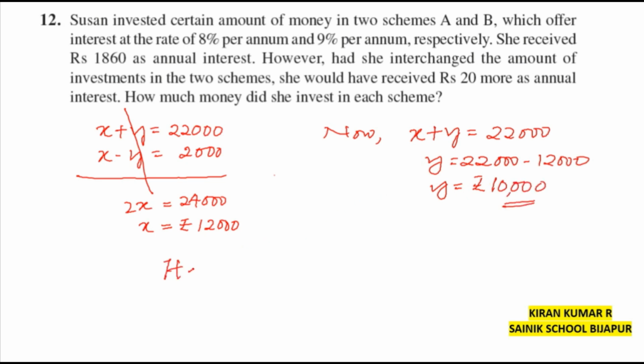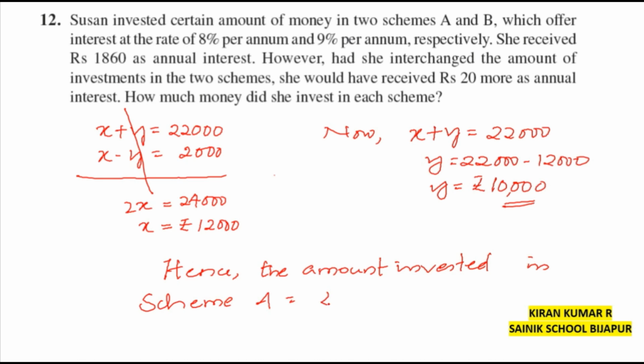Hence, the amount invested in scheme A is rupees 12,000 and in scheme B is rupees 10,000.